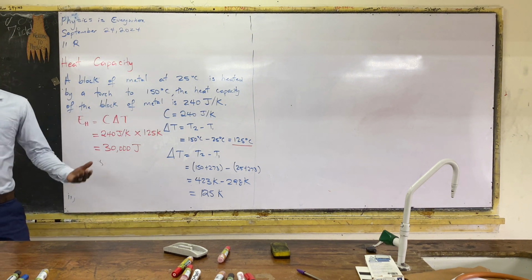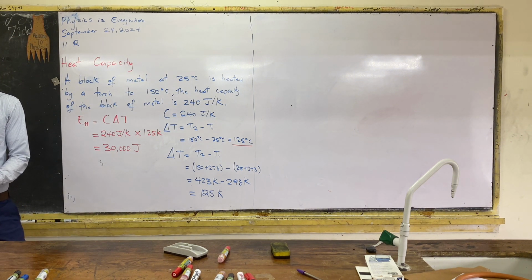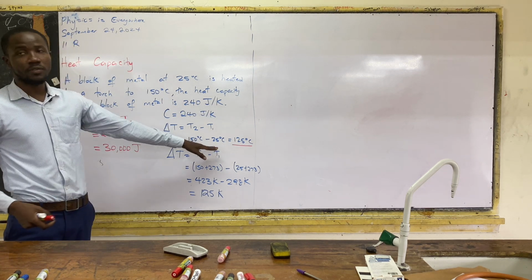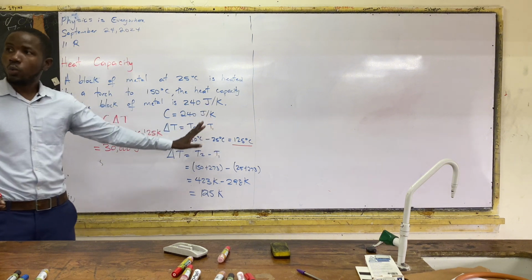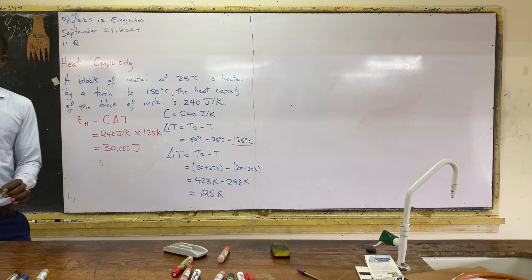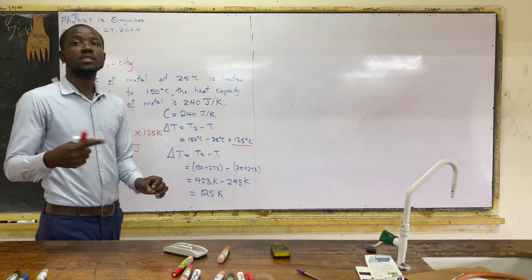So again, remember, subtract the temperatures, smaller from the larger, and whatever you get is going to be the same in Kelvin if you're given degrees Celsius. When we talk about converting to Kelvin, that's strictly when you're doing the topic before, the gas laws.